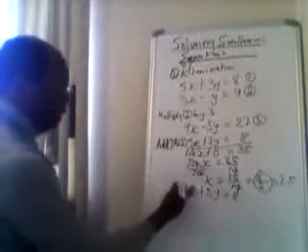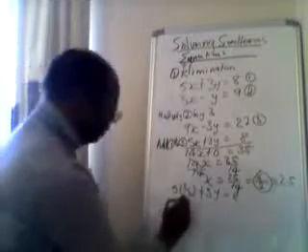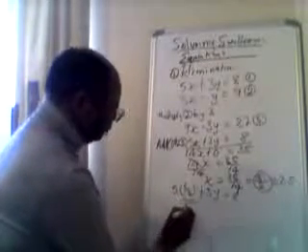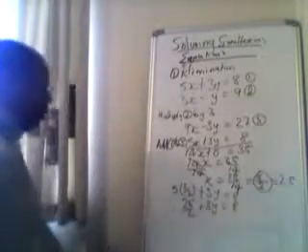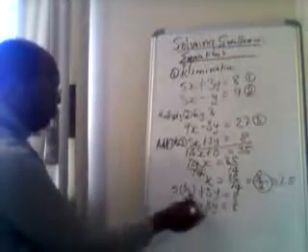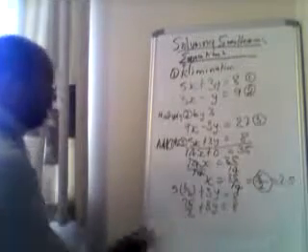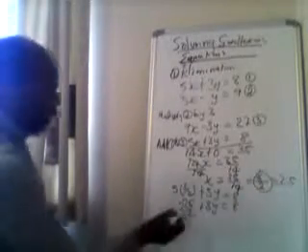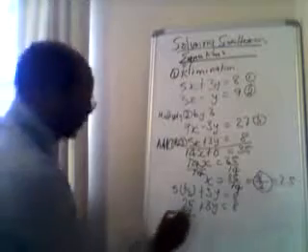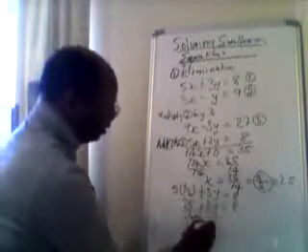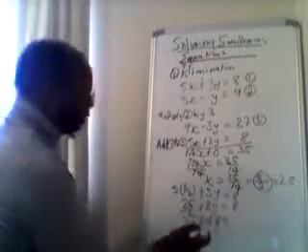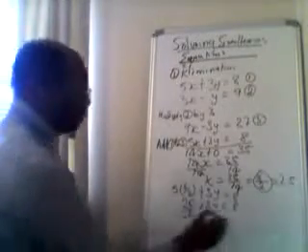Okay. If I multiply this by 5, I get 25 over 2 plus 3y equals 8. And then I'm going to multiply each of these terms by 2, so I can get rid of this 2. If I multiply this by 2, I get 25. If I multiply this by 2, I get 6y equals 8 times 2 is going to give me 16.